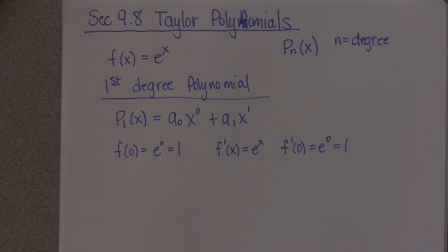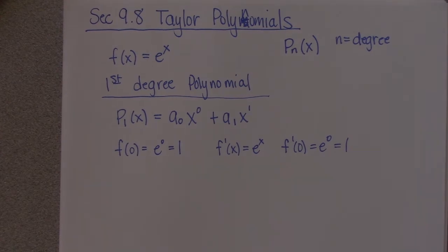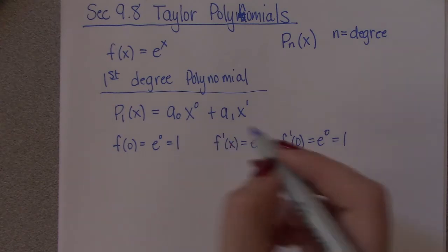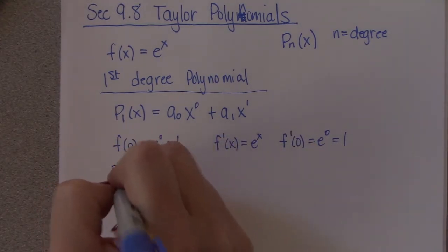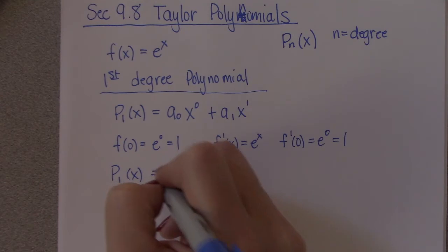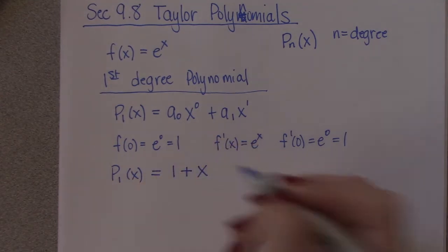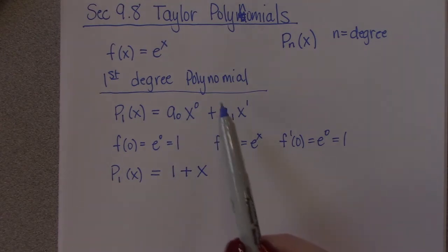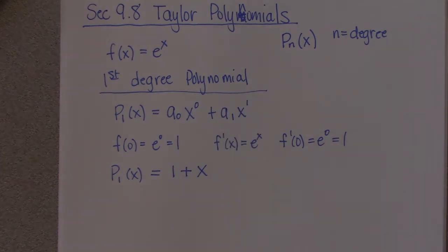All right, so if we look at this function, generating the Taylor series, and we simply fill in, this is our a naught, this is our a1, we see that P1 of x is just 1 plus x, because x to the 0 is 1 times 1 gives you 1, and then we plug in a 1, x to the 1 is just x.